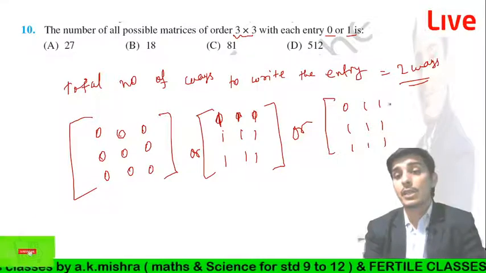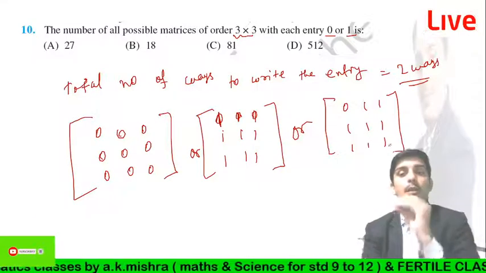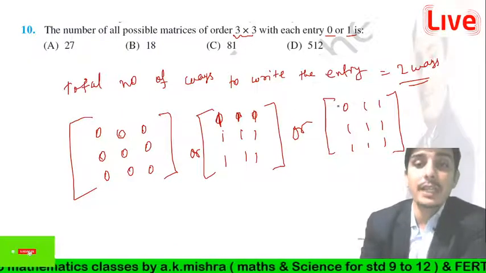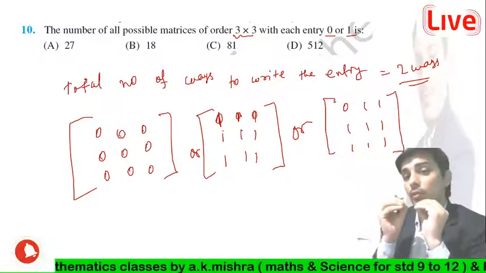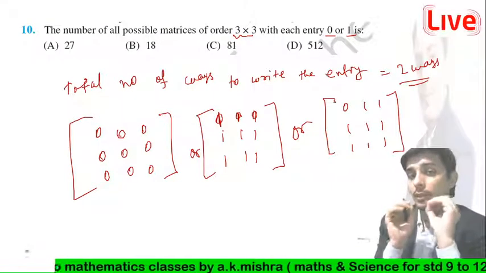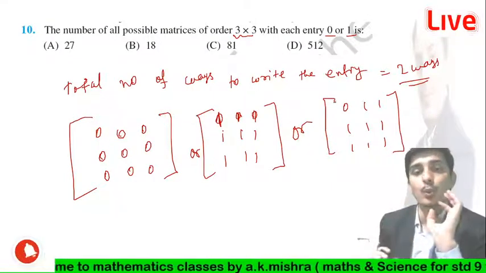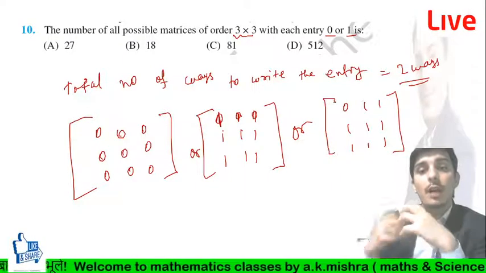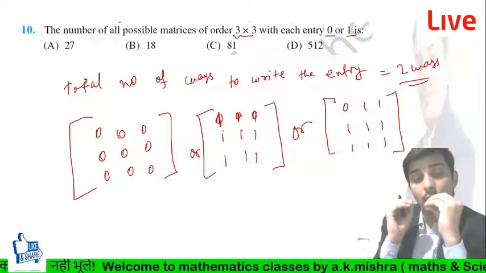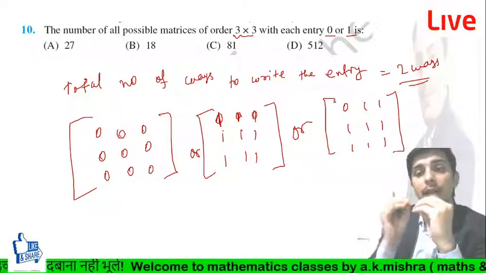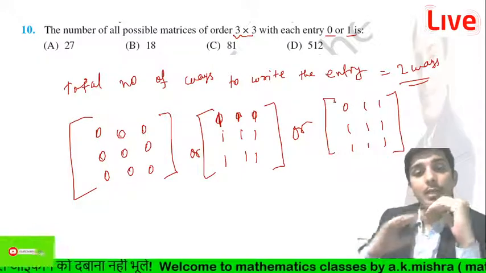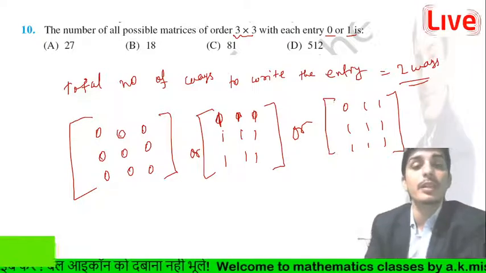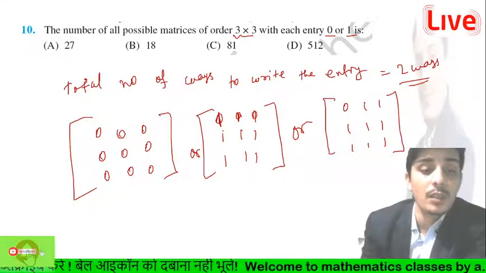So like this, you can say how many possible matrices there are. By the principle of multiplication, choosing the one entry of the matrix element has 2 ways, and for every entry we have two ways, and we have 9 places, guys, because the order given is 3 cross 3.